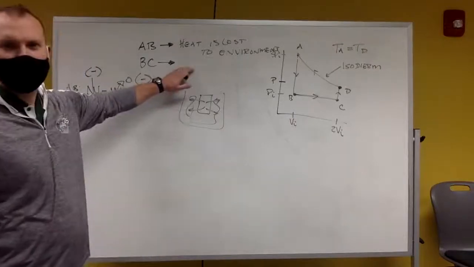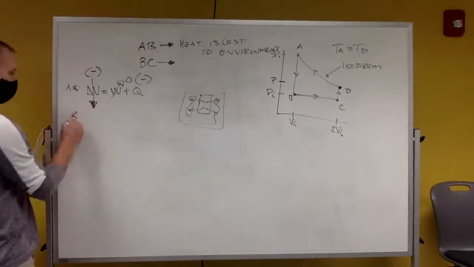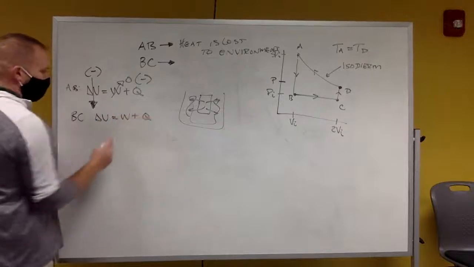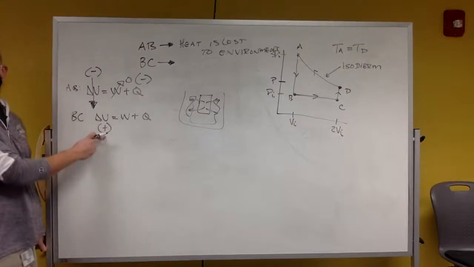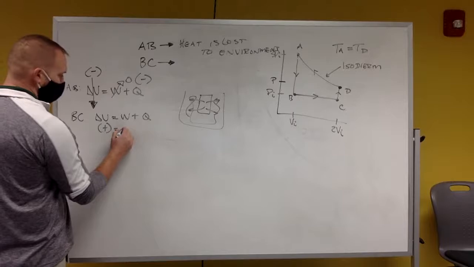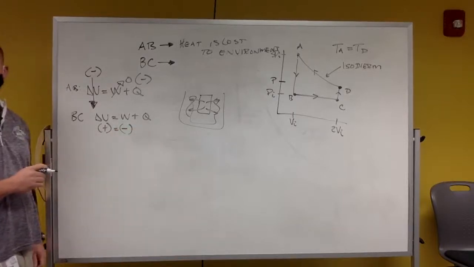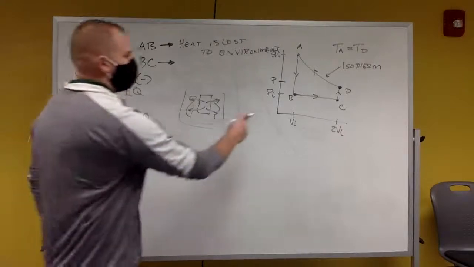B to C, we said this is a positive, right? The temperature goes up from B to C. We said the work was negative, yes? B to C, here to here.